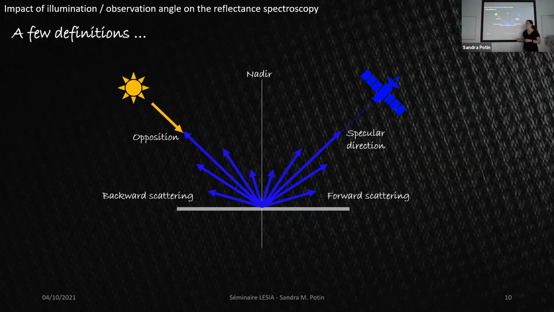It's when the phase angle is at 0 degrees, so the reflected light follows exactly the same direction as the illumination. We have the nadir, which is the normal to the surface, and we have the specular direction. In this case, the incidence angle and emergence angle are equal with respect to the normal to the surface. It's generally the reflectance of a mirror, a specular reflection.